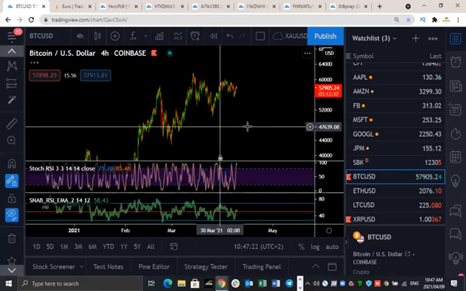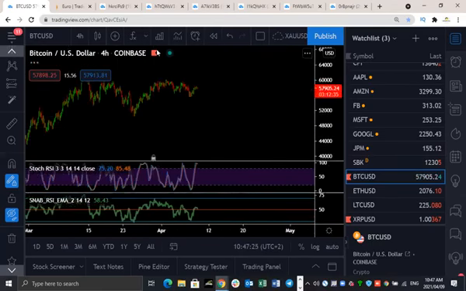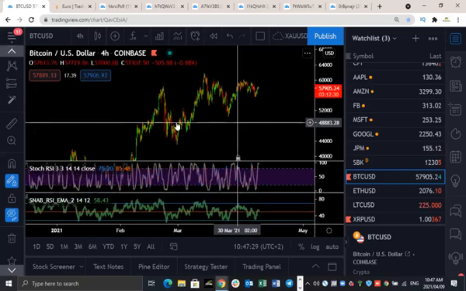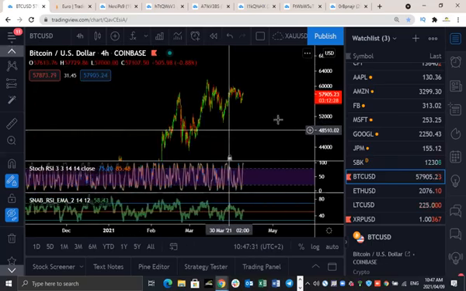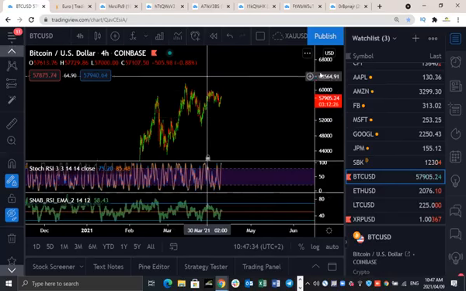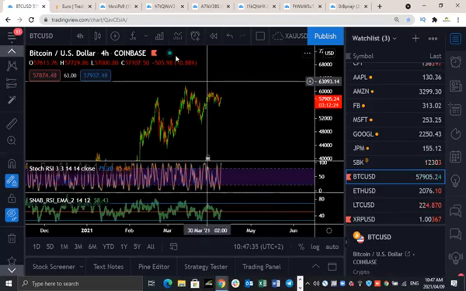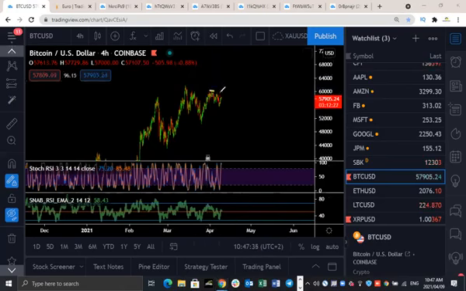Okay, on the 4 hour, let's look at this corrective structure. We're looking now at this structure as a correction here.